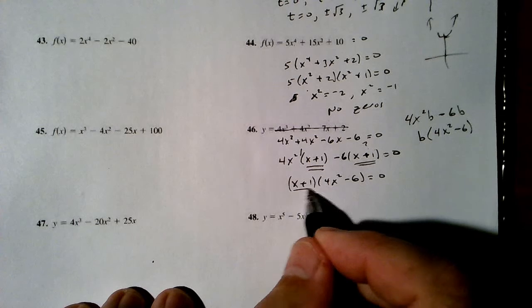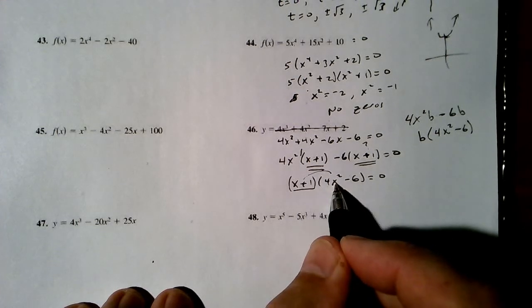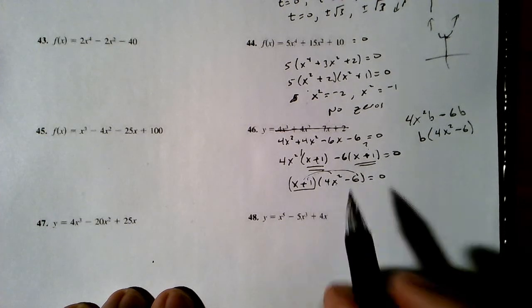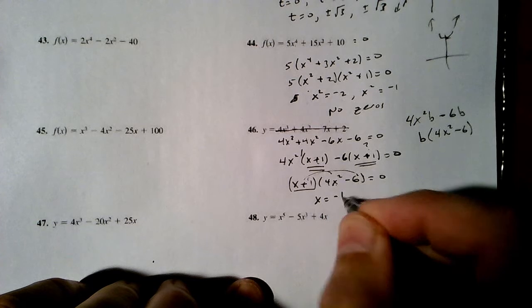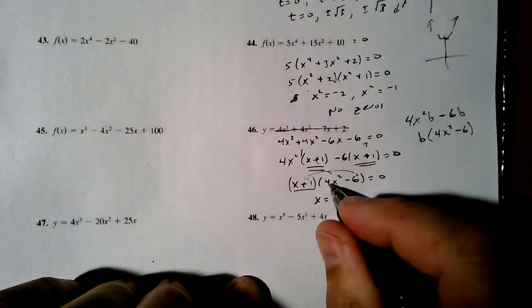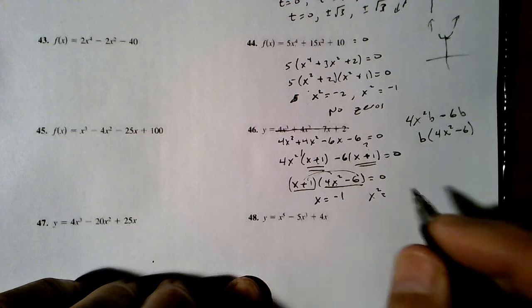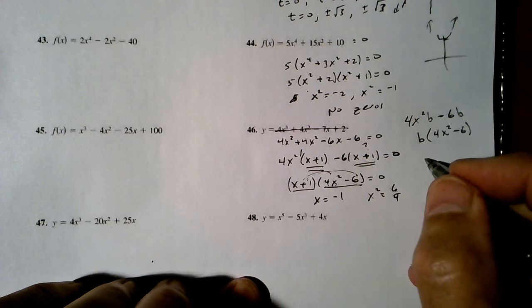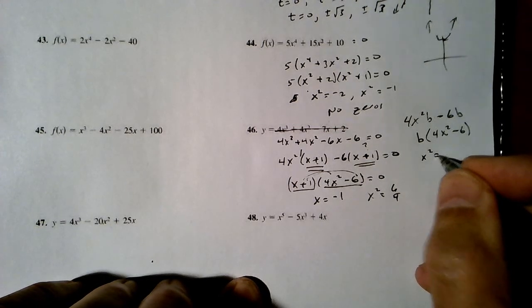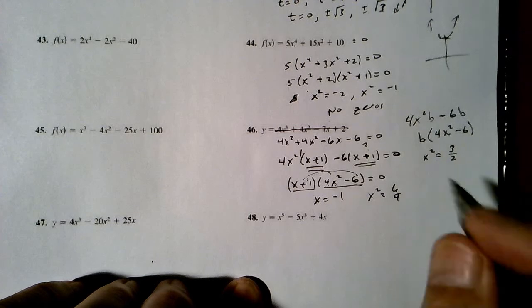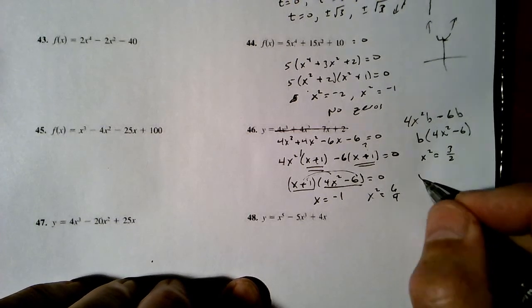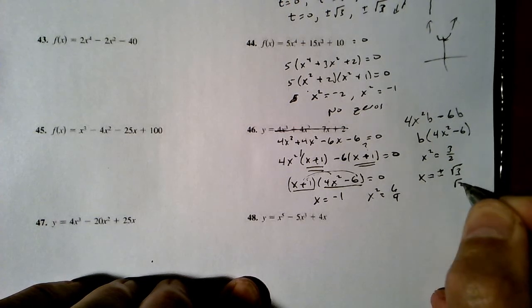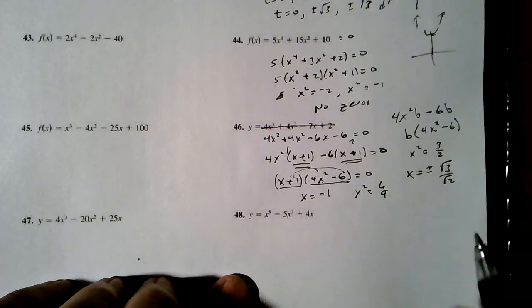Okay, just think of this as a whole package. If I distribute this to here, I get 4x squared times x plus 1. If I distribute it to here, I get minus 6 times x plus 1. So either x equals -1, or watch this, x squared equals, I'm going to add 6, divide 4, x squared equals 3/2, x equals plus or minus square root of 3 on square root of 2 when I take the plus or minus square root.